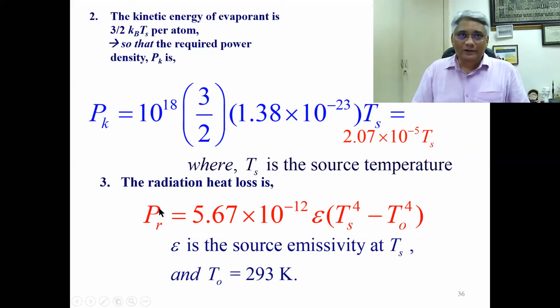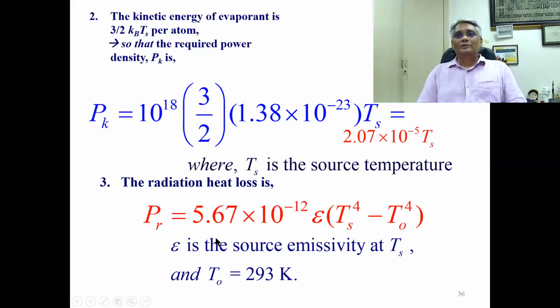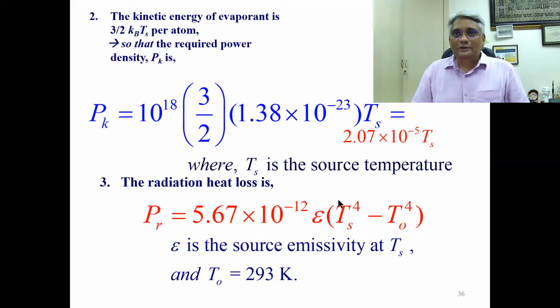The radiation heat loss parameter PR is equal to 5.67 into 10 raised to -12 epsilon times (Ts to the power of 4 minus T0 to the power of 4), where epsilon is the source emissivity, which is a very important parameter at the source temperature, and T0 is room temperature. So using this relation, you can estimate the radiation heat loss there.